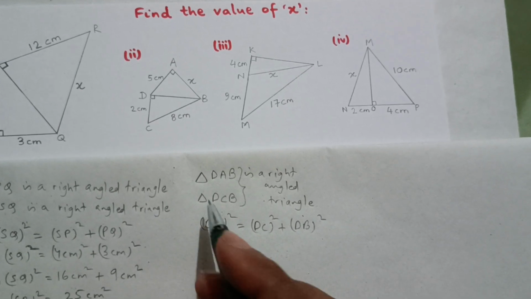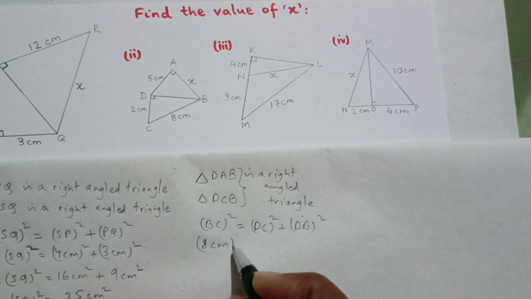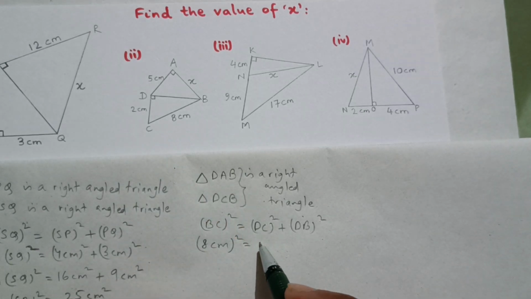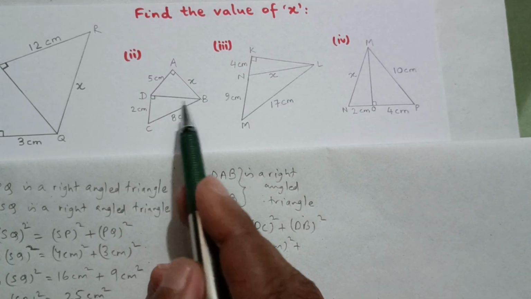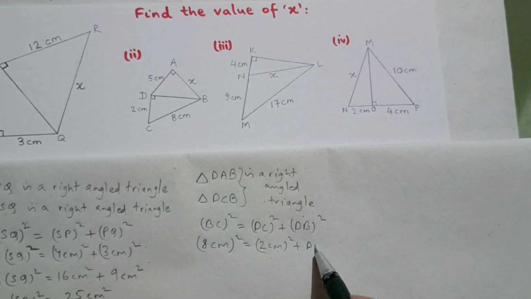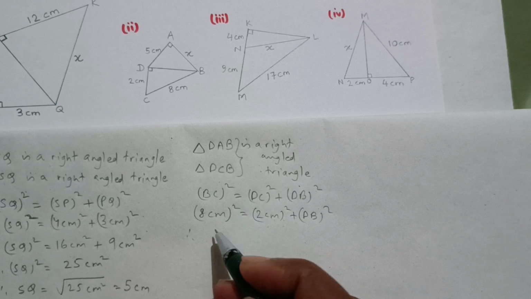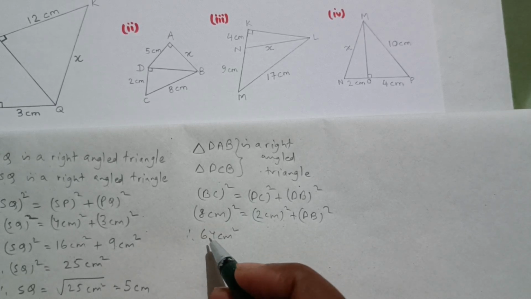Now BC is 8 centimeters, so 8 centimeter whole square is equal to DC, which is 2 centimeters, so 2 centimeter whole square plus DB whole square.